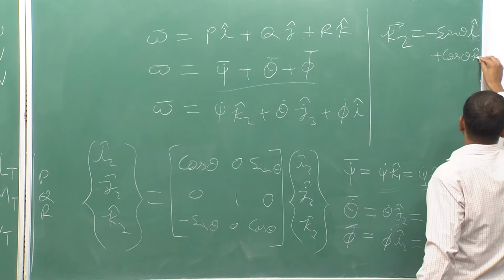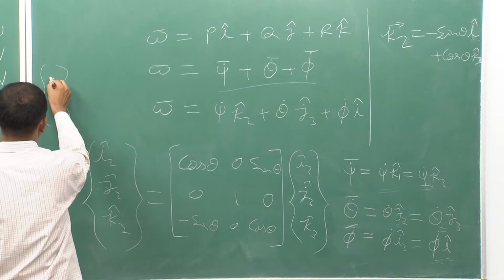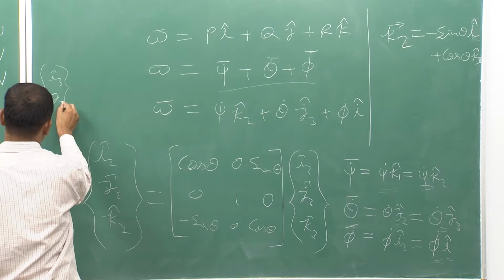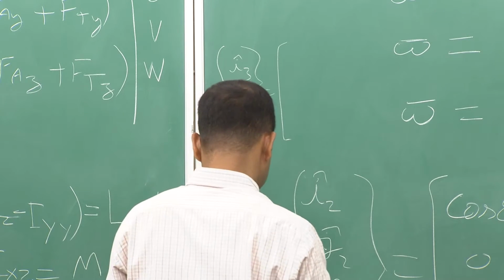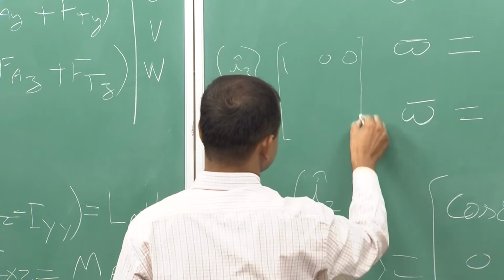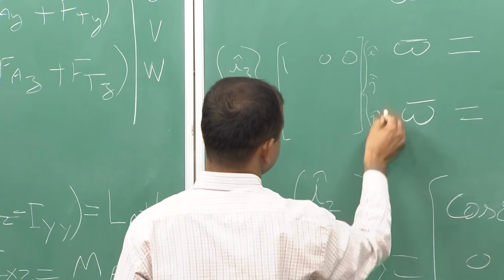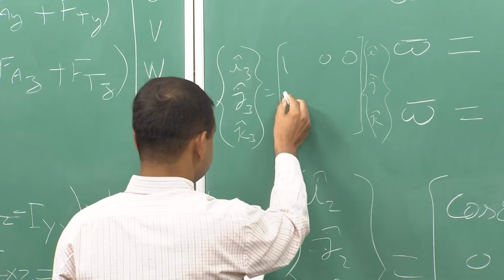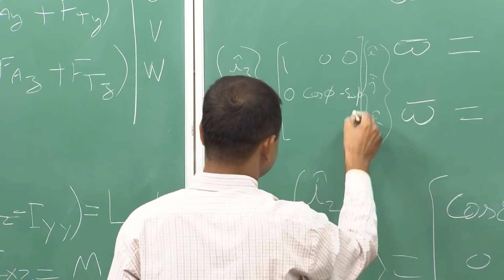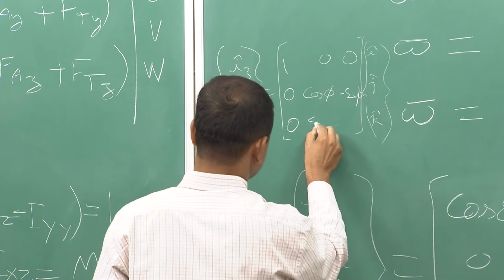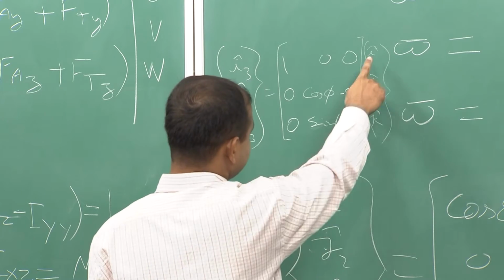Now, I am left with k3, and for this I can use the third rotation, that was I3, J3 and K3 to I, J and K. The matrix we had was 1 0 0, 0 cos phi minus sin phi, 0 sin phi and cos phi, and from here I can get K3 in terms of I, j, k.